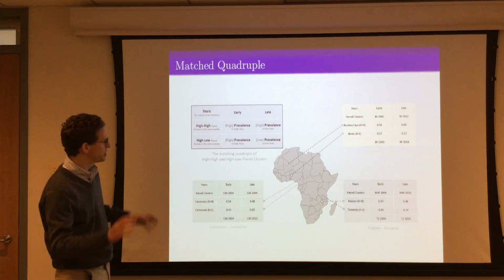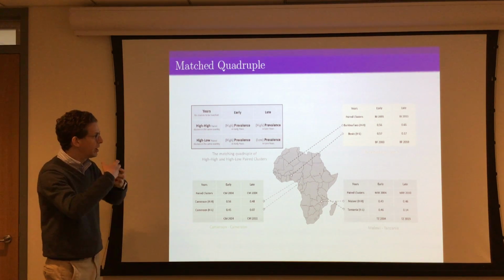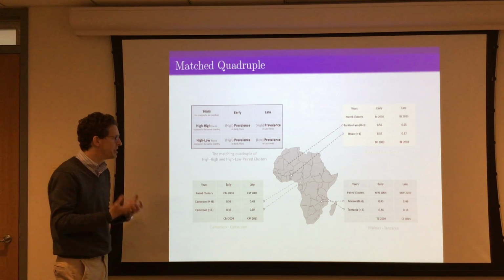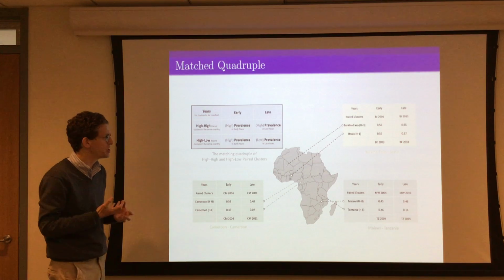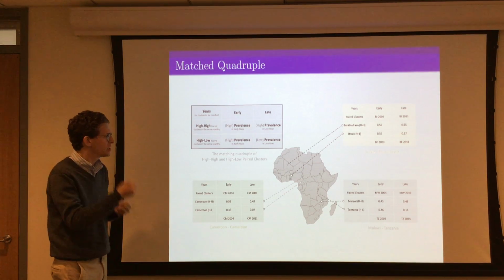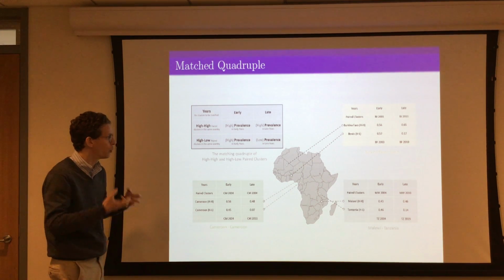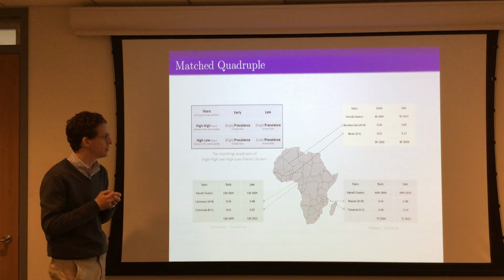One of the big challenges is that areas where malaria is high may be different from areas where malaria is low in many characteristics. So to causally attribute a drop in malaria to anemia, we have to control for differences between the places where malaria is high and malaria is low.